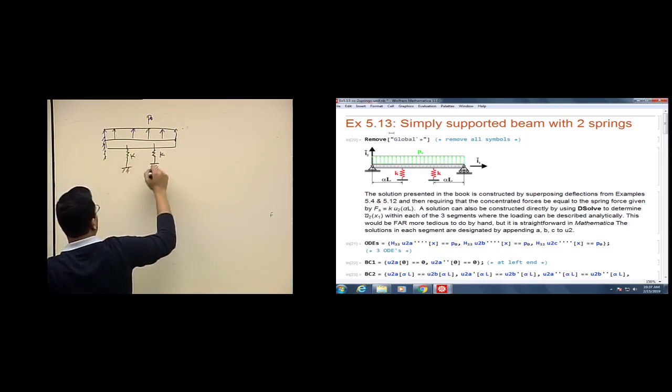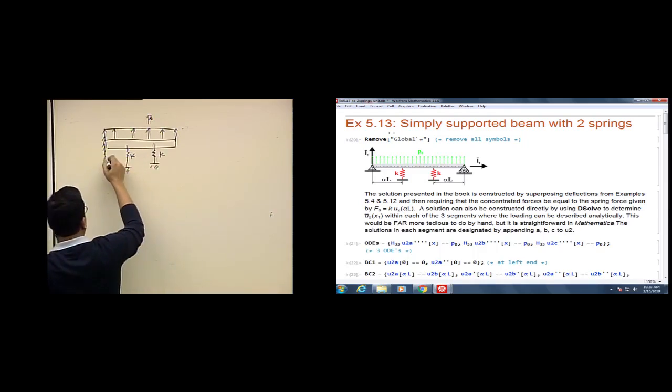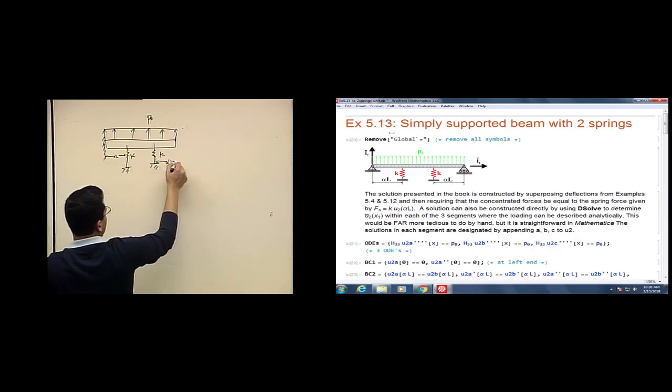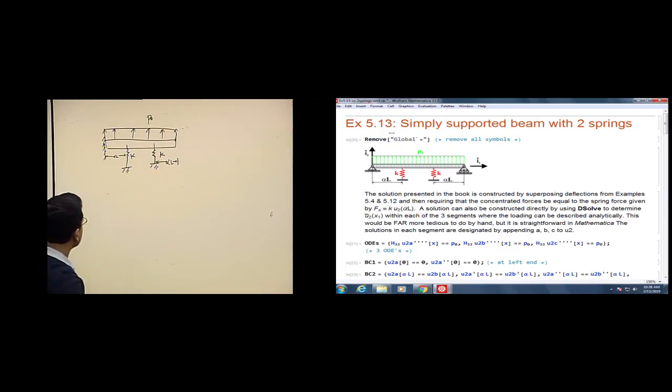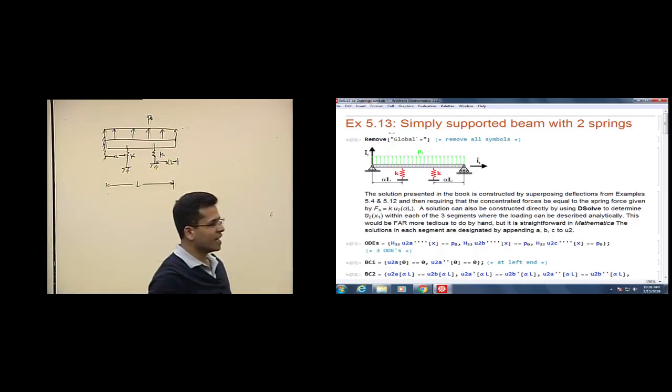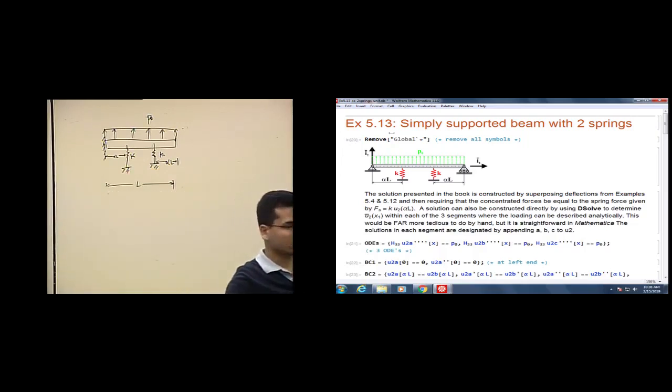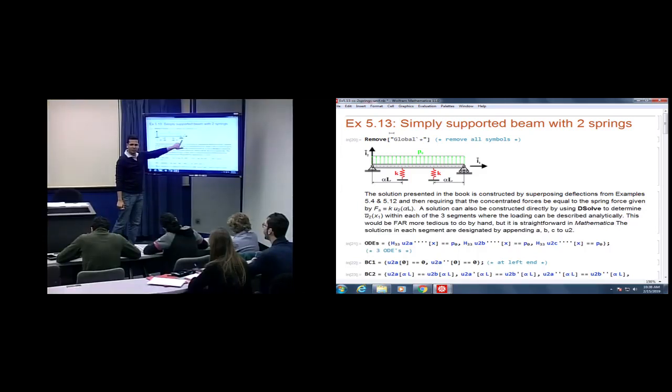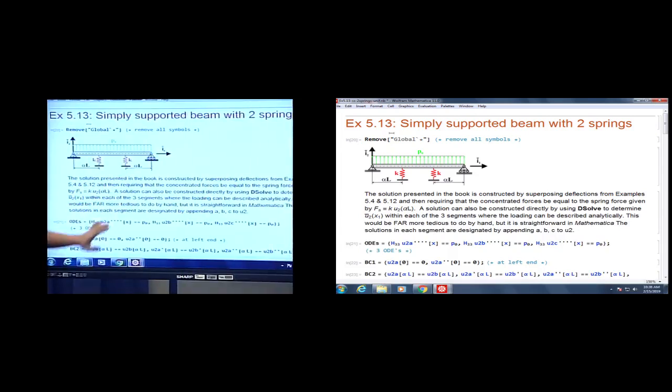For simplicity, the spring constants, both of them are the same, and this is at alpha L, and this is also at alpha L. The total length of the beam is L. So we have a simply supported beam. There is a pin joint or hinge at the left end, and there is a roller and a pin or a hinge at the right end, right? And we have 2 springs in the middle.